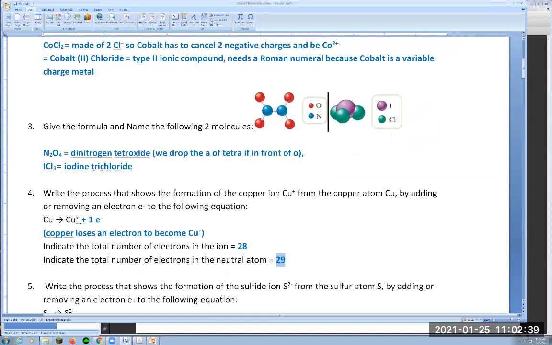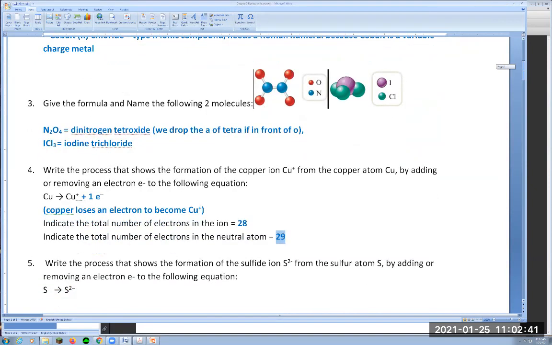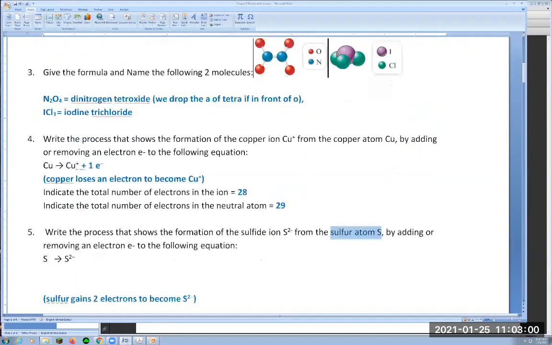We have a similar question with question 5, but this time it's with sulfur. Write the process that shows the formation of the sulfide ion, the S-2 ion, from the sulfur atom by adding or removing an electron to the following equation. So again, sulfur will gain 2 electrons to become S-2, right?